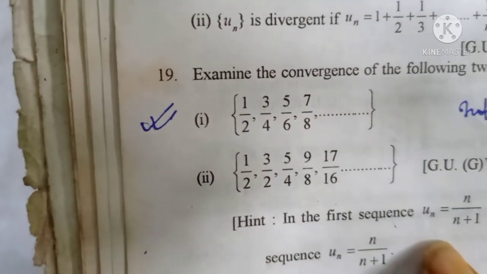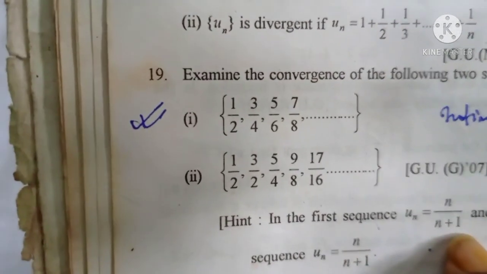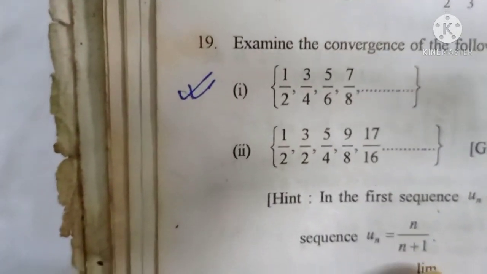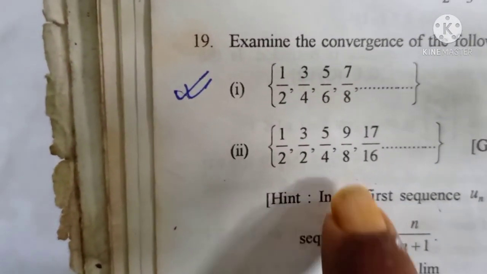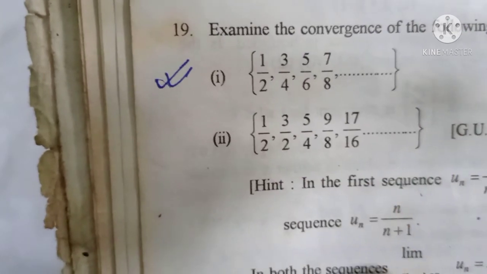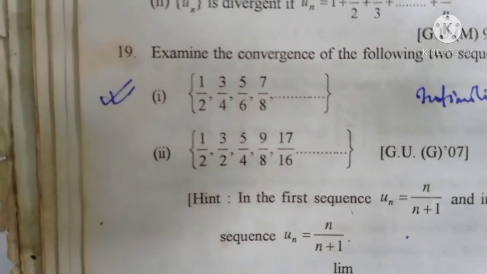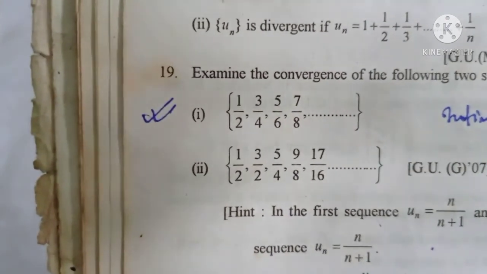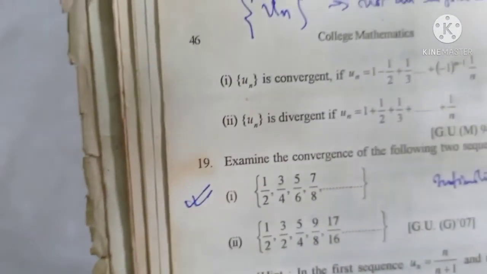So from my point of view, this does not satisfy this. And for the second, you can see clearly your numerator is greater than the denominator. So there is some controversy in this question, so I am not going to solve this question. This is all about sequence and series.